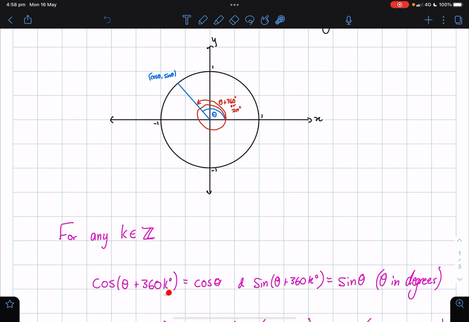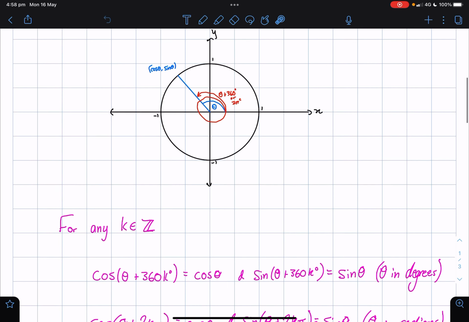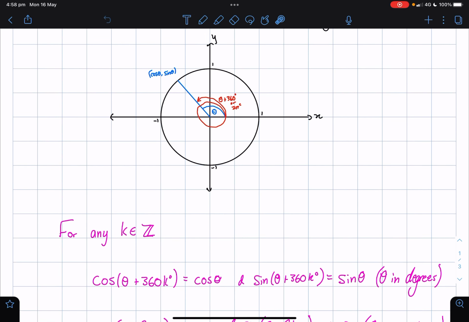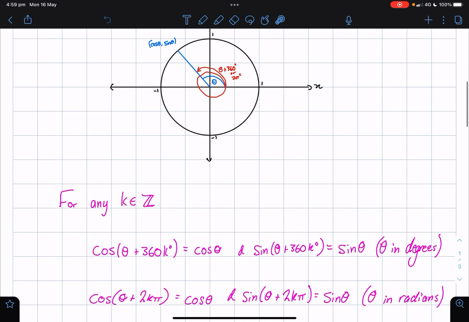If k is 2, then it's 720 degrees, and that's 2 whole revolutions. And sine of theta plus k times 360 degrees is also equal to sine theta. So if you see a question that says find cos of theta plus 360 or plus 720, then you know it's just going to be the same value as cos theta.